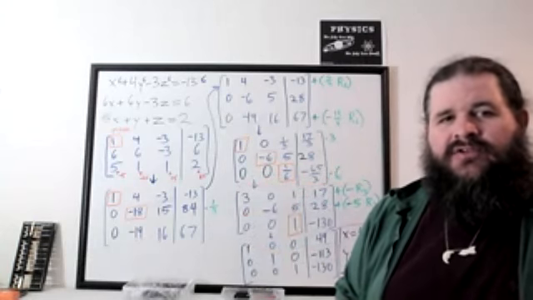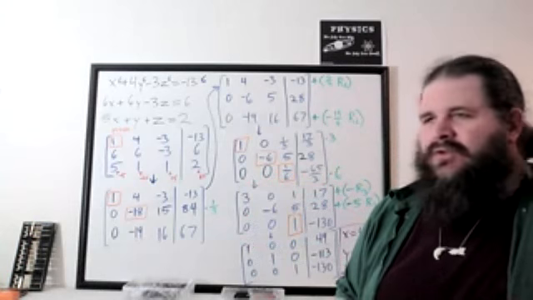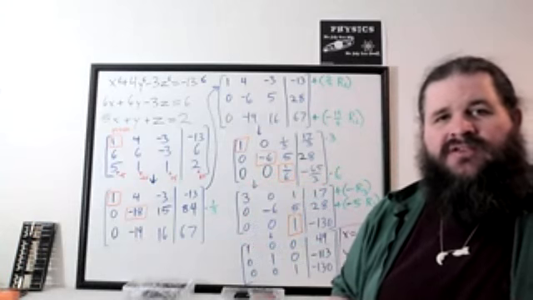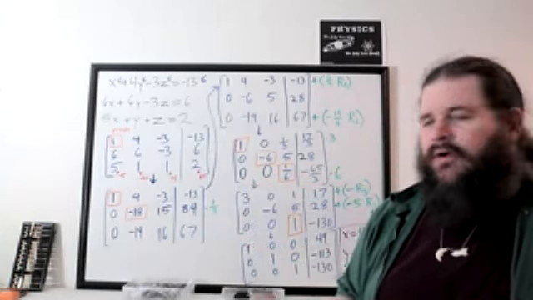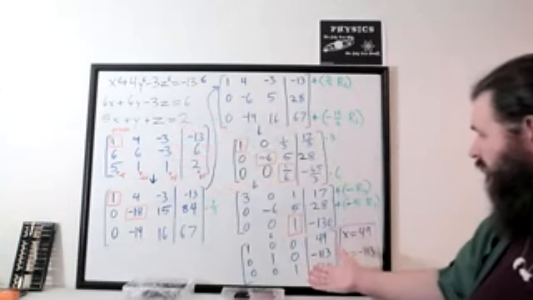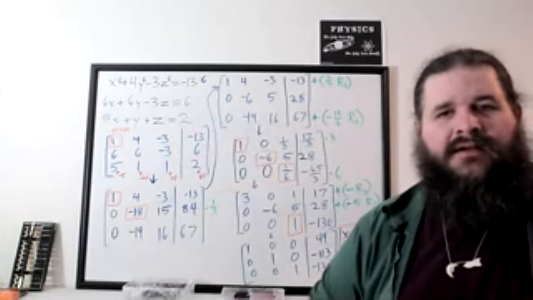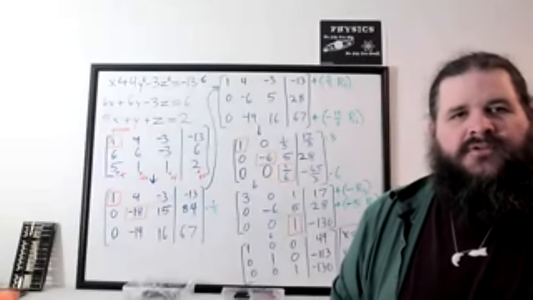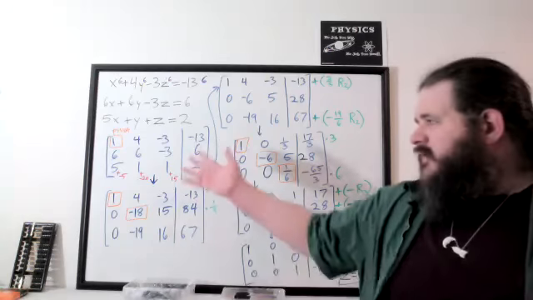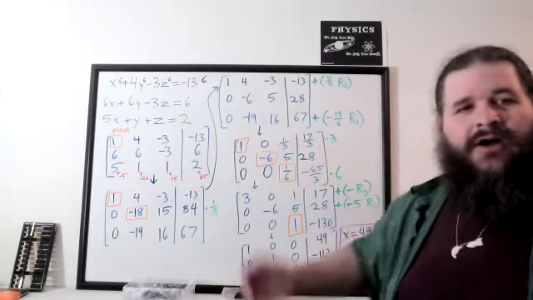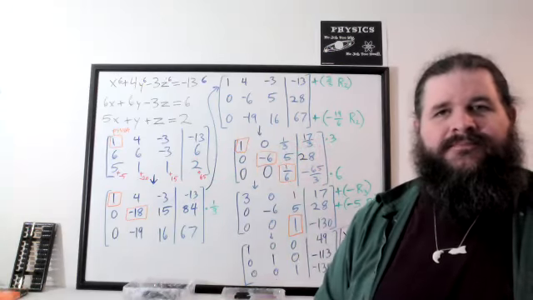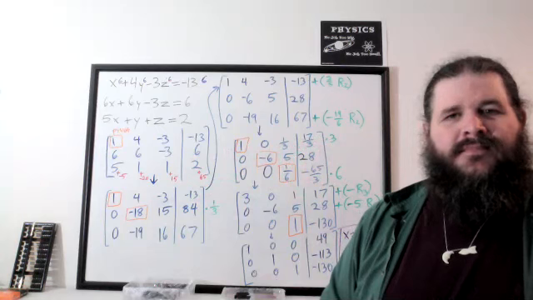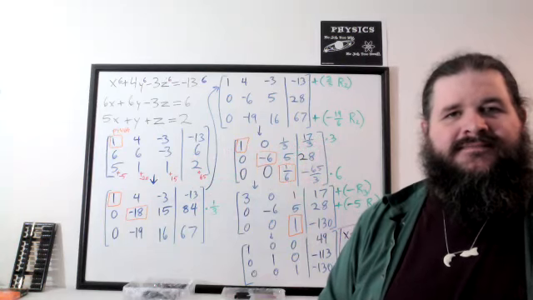They both lead to the same result. It's just a difference of, do you want to partially do this with augmented matrices and then do the rest with the equations? Or do you want to do the whole thing with augmented matrices and jump straight to the solution at the end? Okay, gotcha. They start the same way, but the way you finish it off is two slightly different approaches. Cool. Any other questions on that?